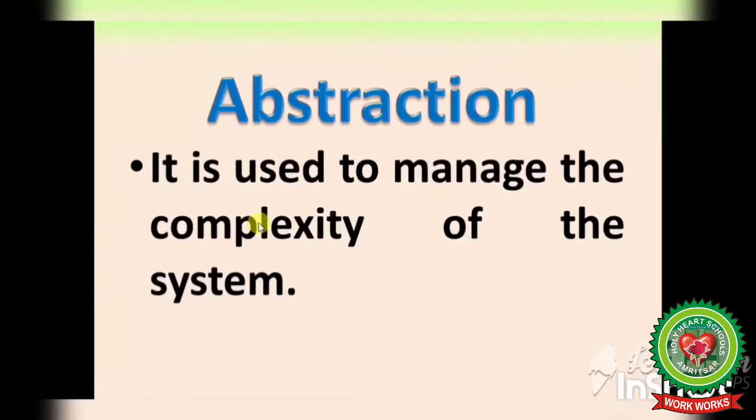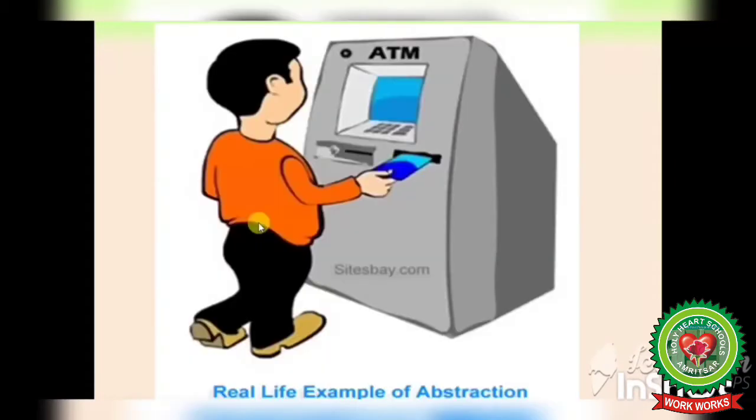Now let's see this with the help of an example. While using an ATM machine, you insert only your debit or credit card in the provided slot and follow the instructions that appear on the screen. After providing the correct PIN number and entering the desired amount, money is collected from the machine.